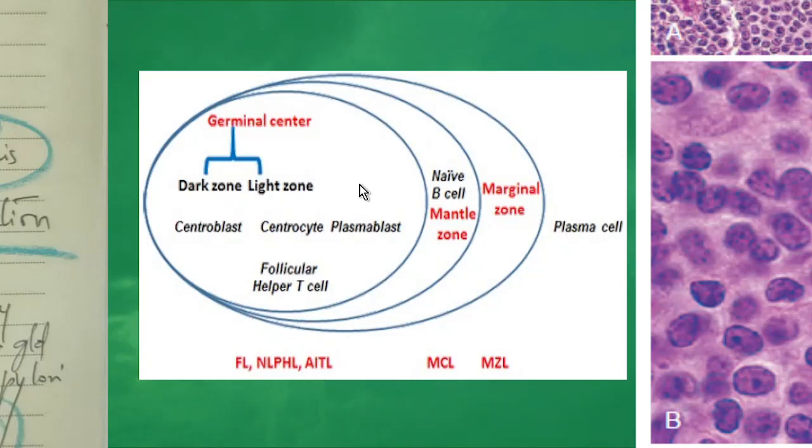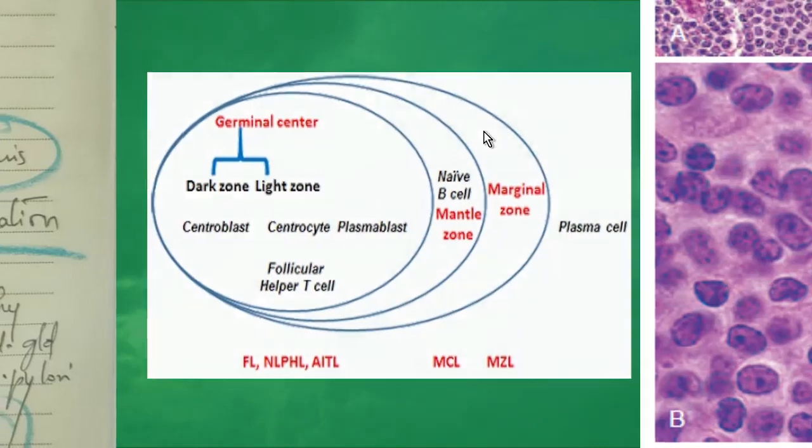So basically follicular lymphoma arises from the follicle. Mantle zone has naive B cells. This is mantle cell lymphoma, and from the marginal zone, marginal zone lymphoma.